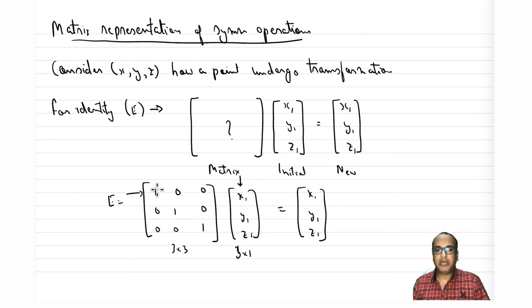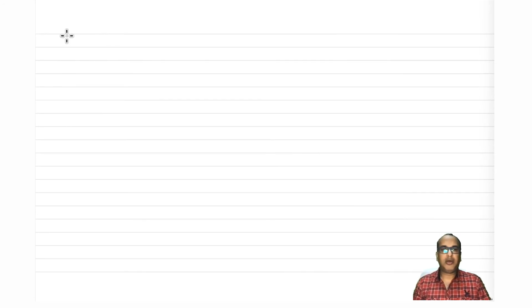So x1 multiplied by 1 plus y1 into 0 plus z1 into 0 will give you the first element, x1. Similarly, x1 into 0 plus y1 into 1 plus z1 into 0 will give you y1. x1 into 0 plus y1 into 0 plus z1 into 1 will give you z1. So that's how you will determine the matrix representation for E.